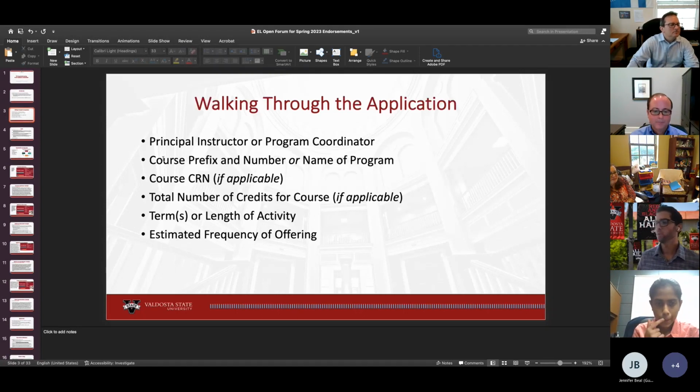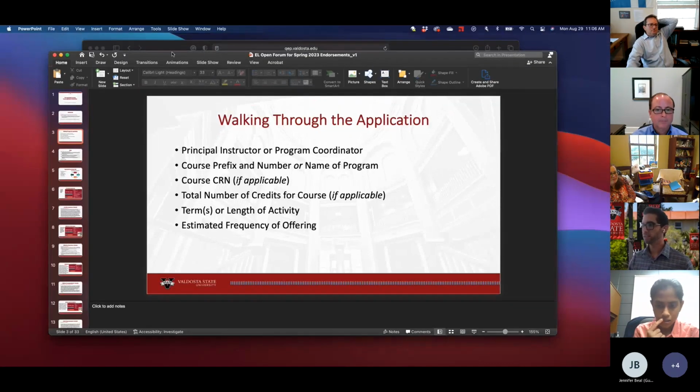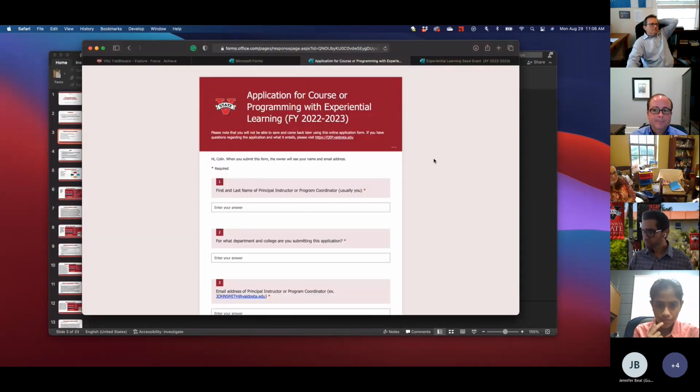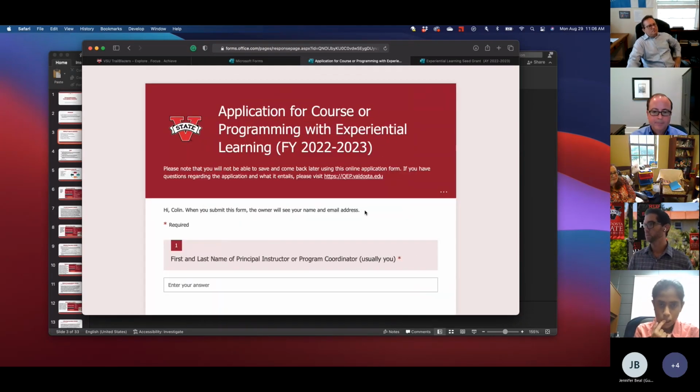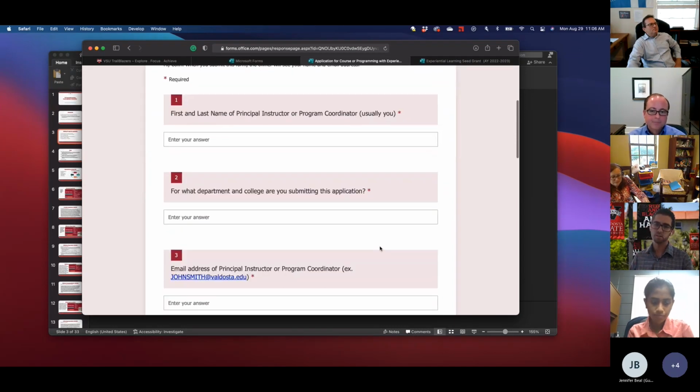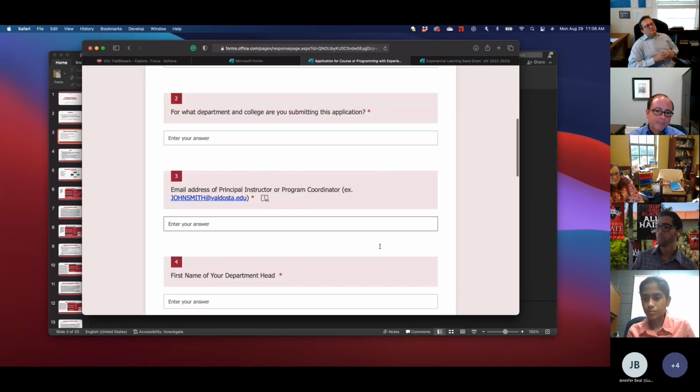So we're going to walk through the application. Really quick, I'm just going to show you what this application looks like from an endorsement side. This is how it's going to be done in Microsoft Forms now. Let me blow this up a little bit for you. Essentially, it's going to ask you the same questions we had in the previous Qualtrics application.